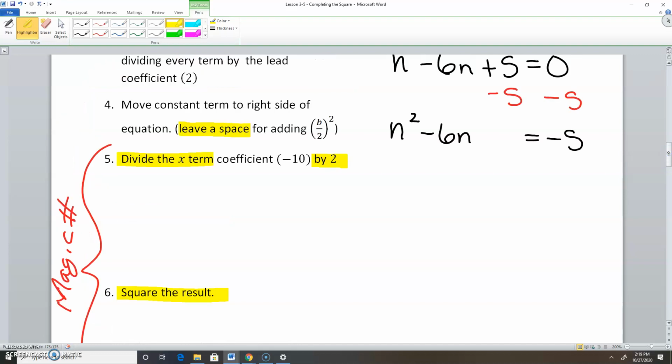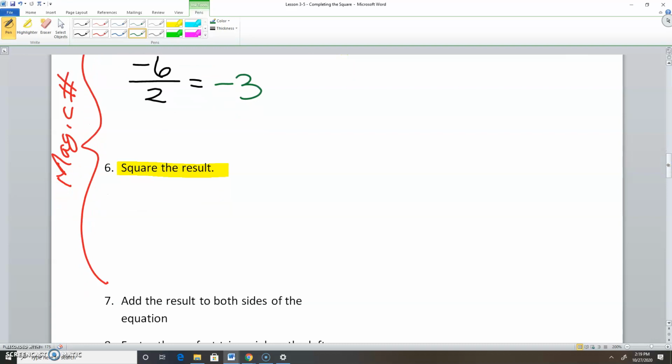So my x term is a negative 6. I don't know why that says negative 10. It's a negative 6. So I'm going to take negative 6 and divide that by 2. And when I do that, my answer is negative 3. I will always divide it by 2.